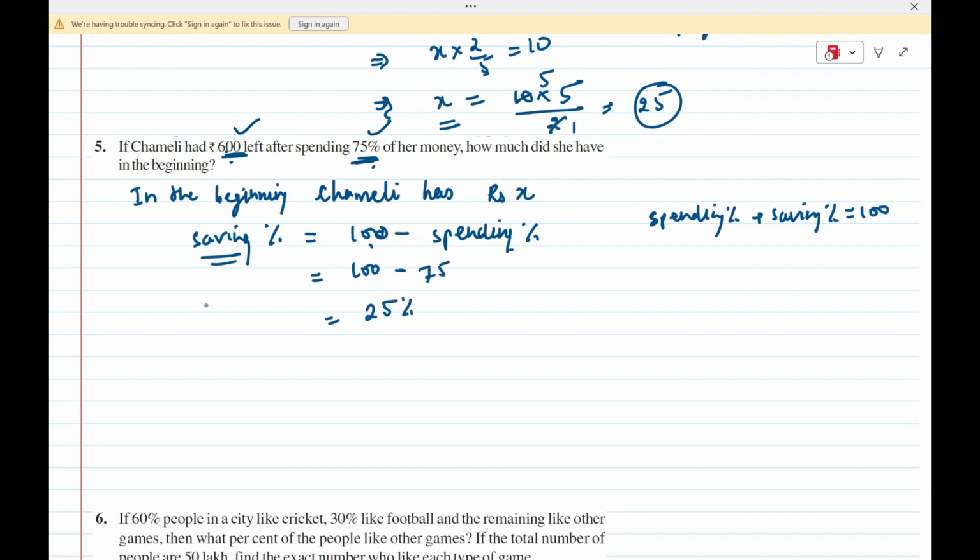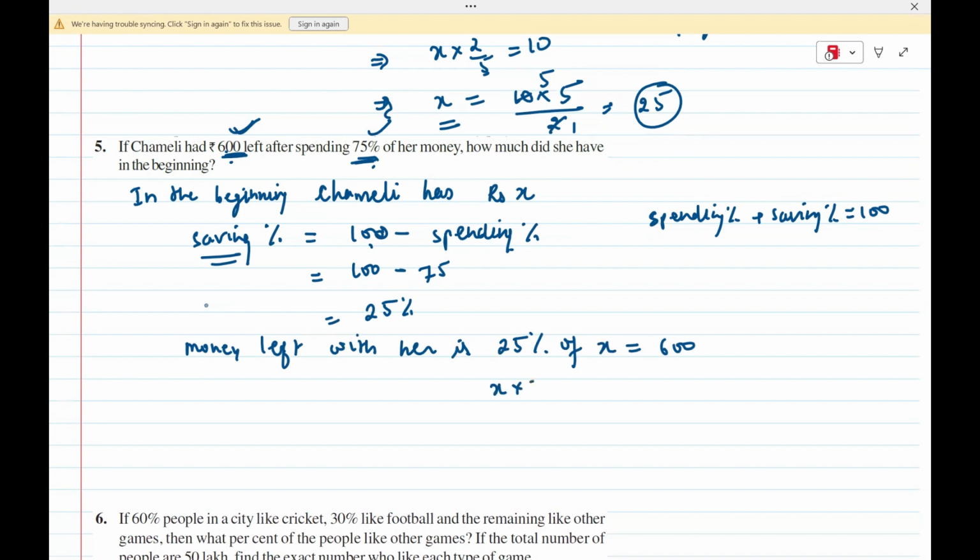This is her saving, and I know the saving amount. So money left with her is 25% of total, and which is 600.